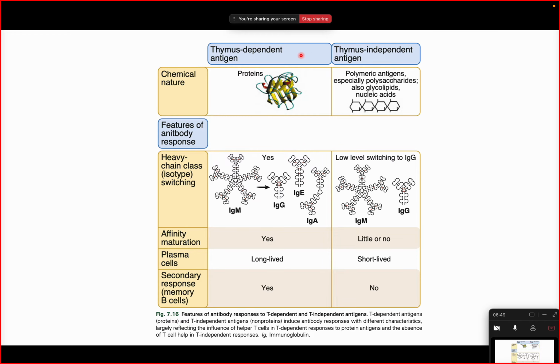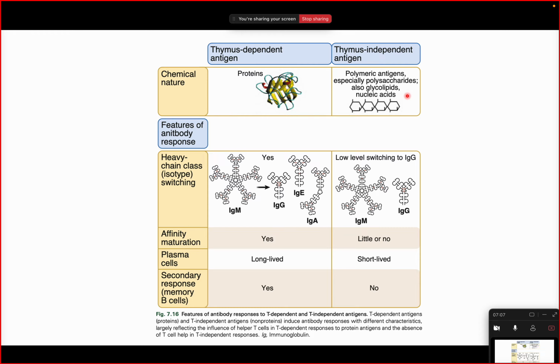Okay, so in the thymus dependent, the chemical nature of the antigen is predominantly protein. And in the thymus independent process, the type of antigen can be polymeric antigen, polysaccharide, glycolipids, nucleic acid, it can be anything.